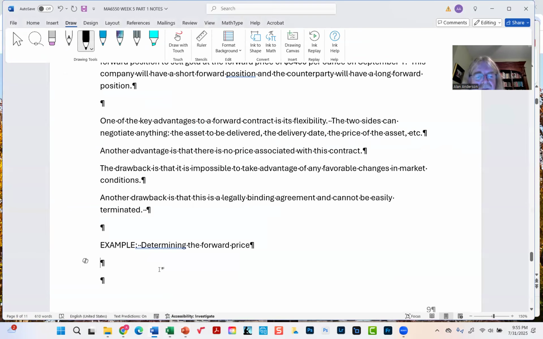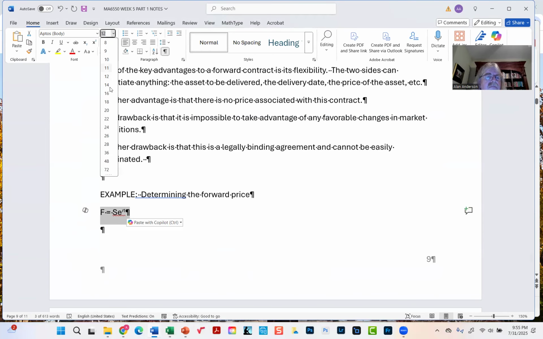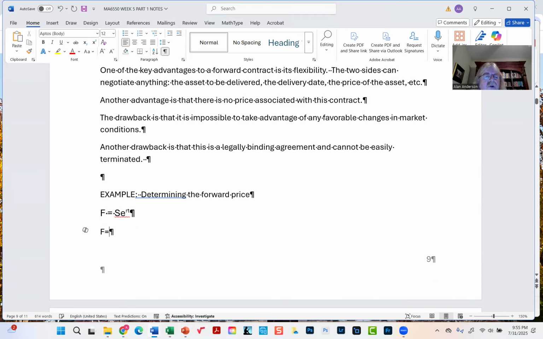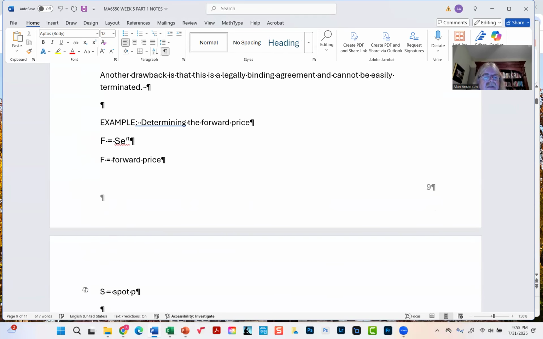And now, by the way, this assumes, well, first of all, let's remind ourselves what these variables mean. F, of course, is the forward price. S is the spot price.